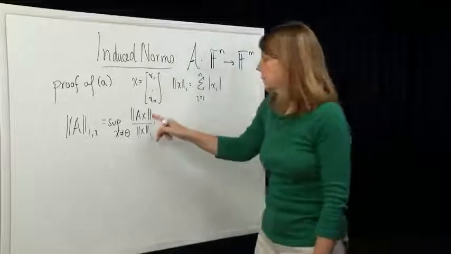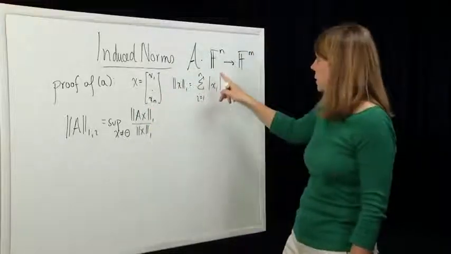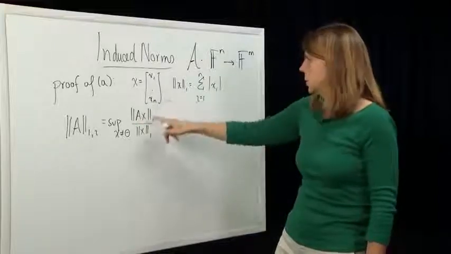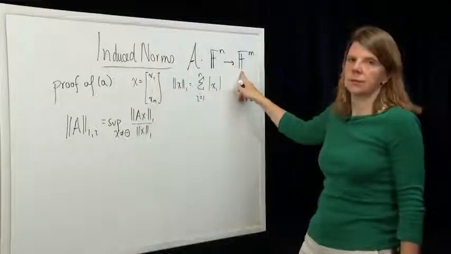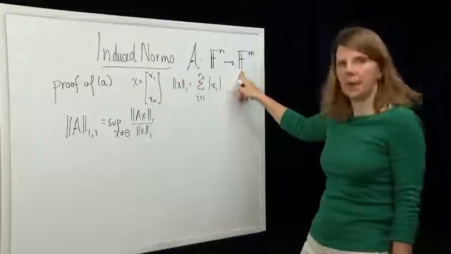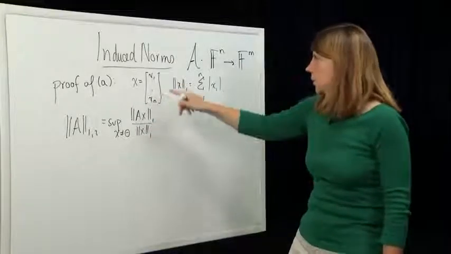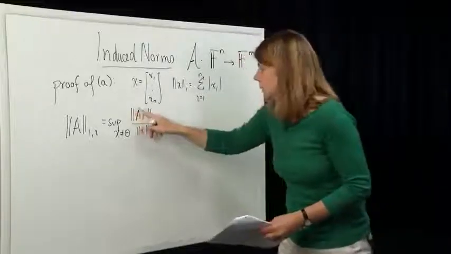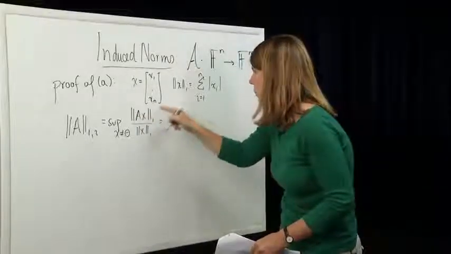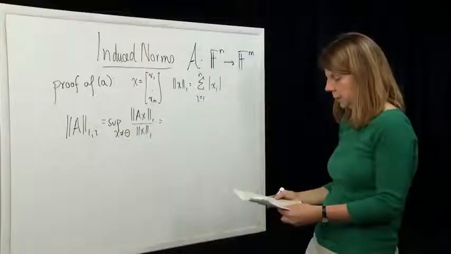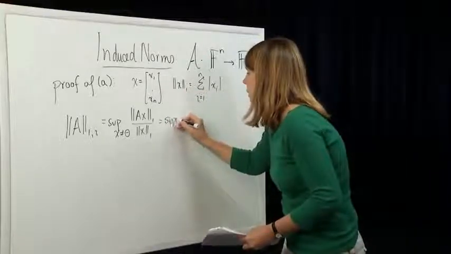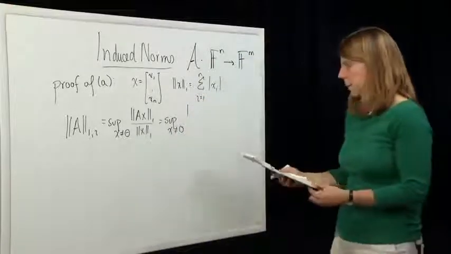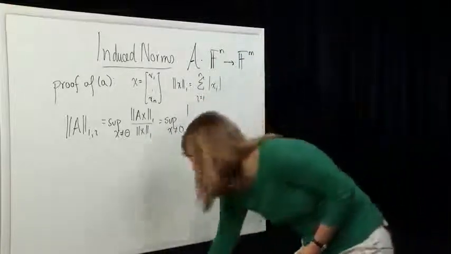Okay, so this is a vector if we think about these spaces here. So this Ax, that's matrix multiplication by a vector x. It's going to give us a vector in R or F^m. And this is just our regular x, a vector in R^n. And so I can now just apply, this is a vector, I can write out what the one norm is. I have the expression for it here. So that's the supremum over all x not equal to 0 of, and let's use the following notation.